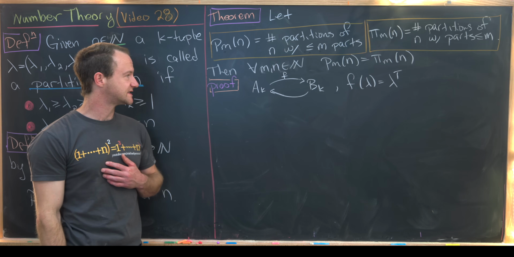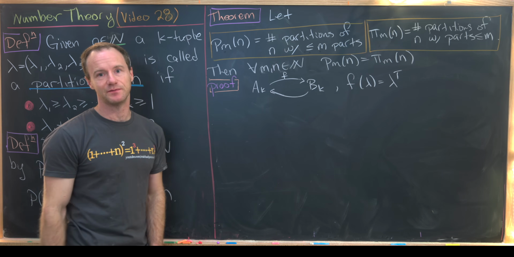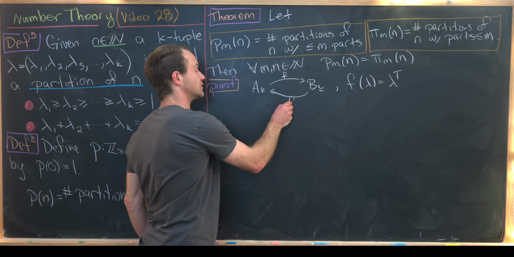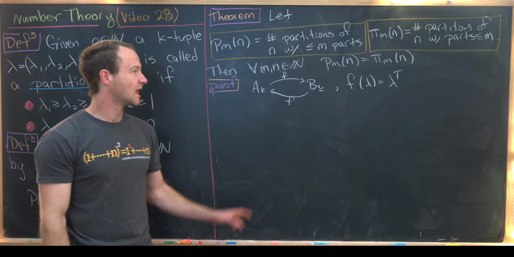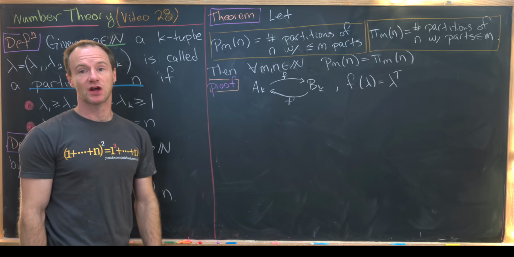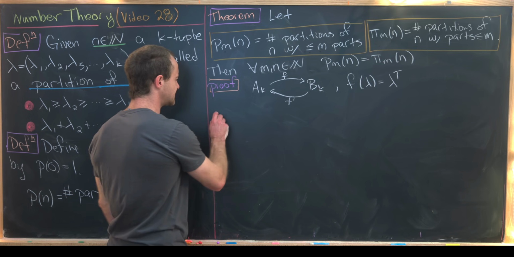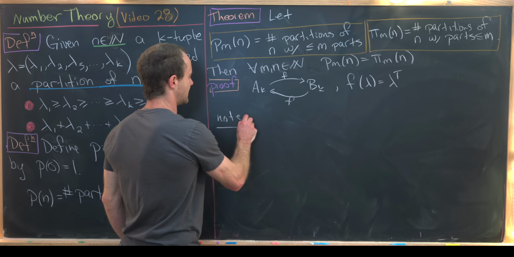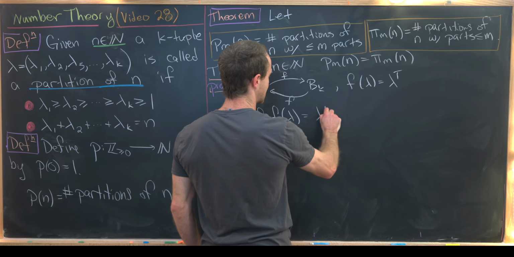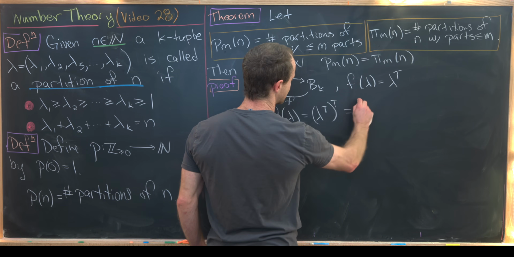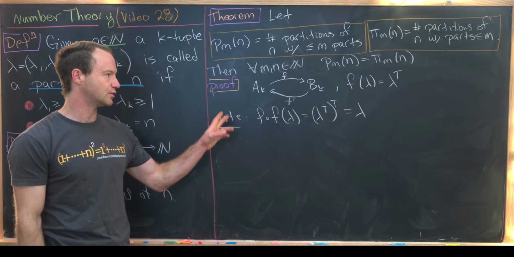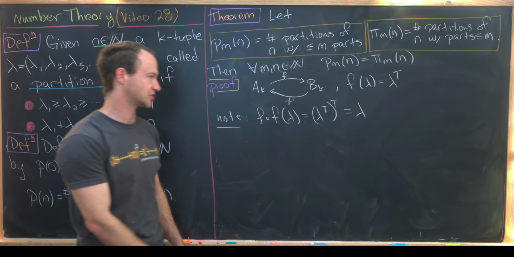On the last board, we set up some sets A_k and B_k, as well as a function between them. So this function goes in both directions. And what it does is it takes a partition and gives you the conjugate of the partition. So let's maybe note real quick that if we do f composed with f inverse of lambda, we get lambda conjugate conjugate. But it's pretty clear that if we take the conjugate of the conjugate partition, we get back to the original partition.